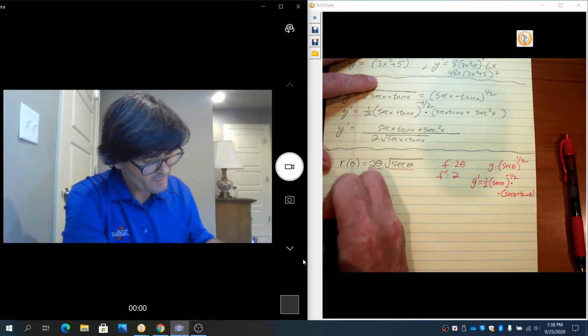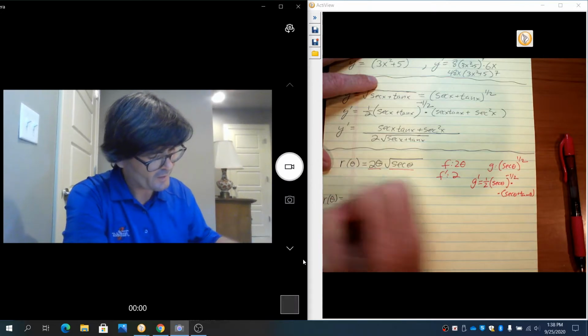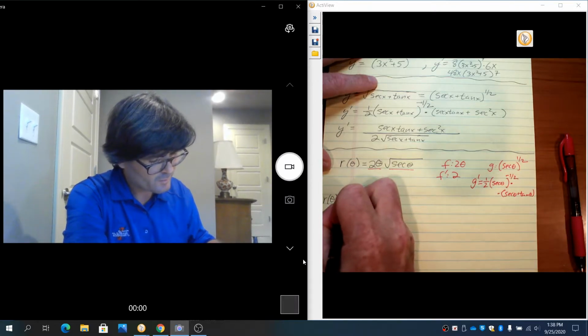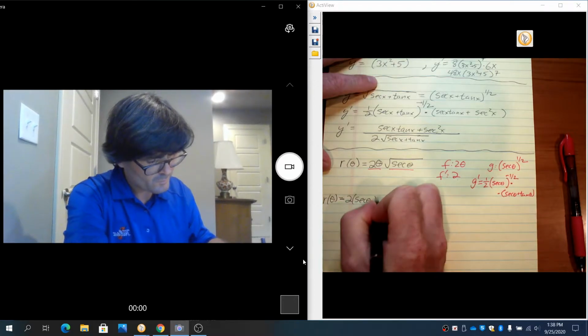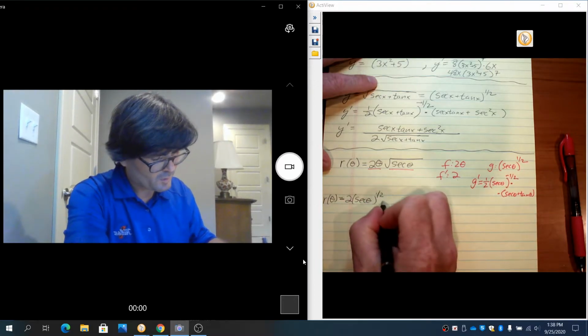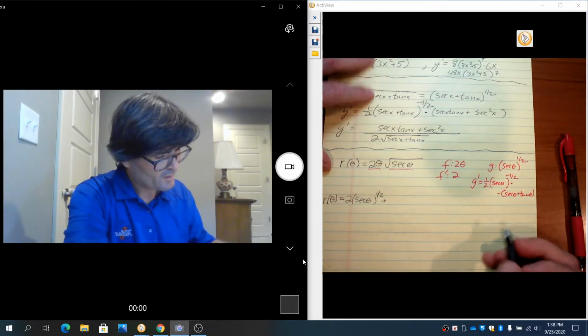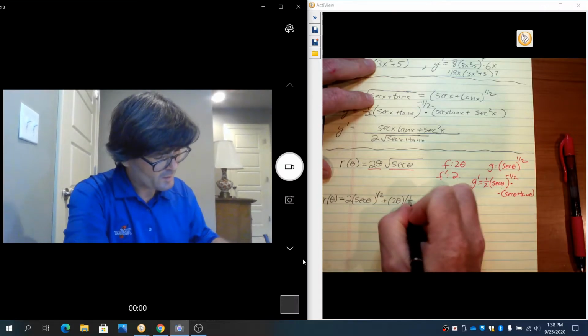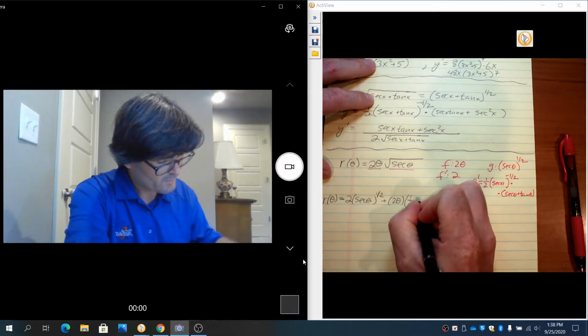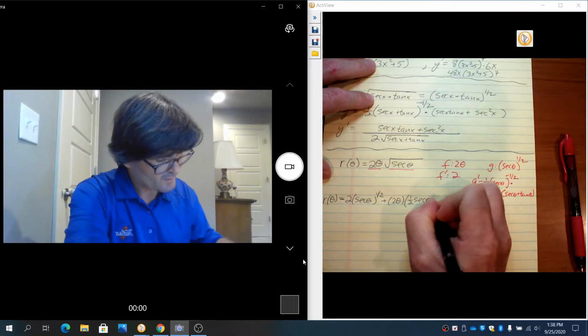So back from the product rule, we're going to have f prime times g plus g prime times f, 2 theta times 1/2 secant theta.